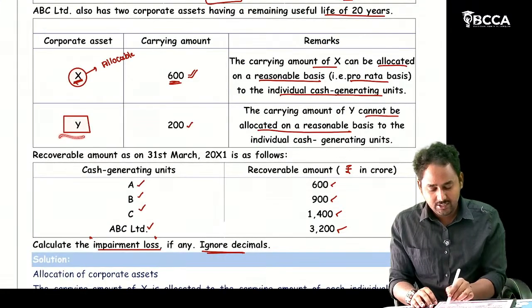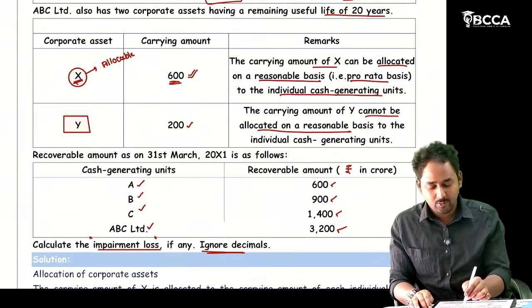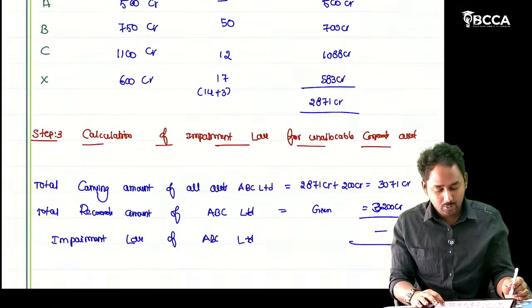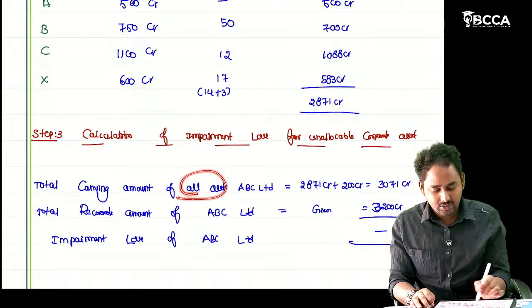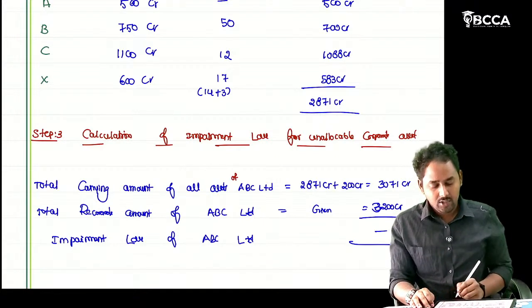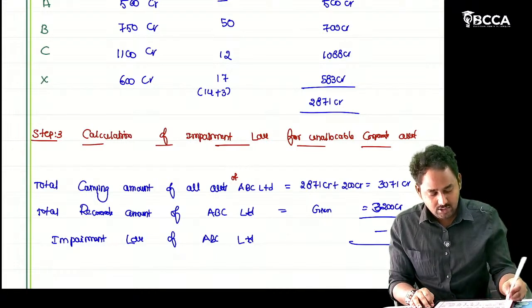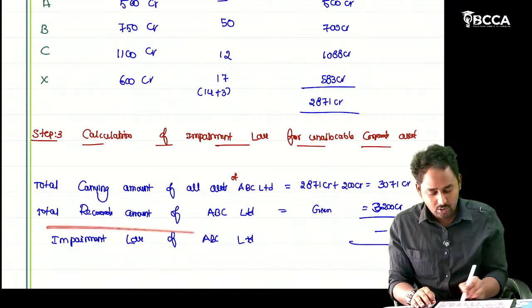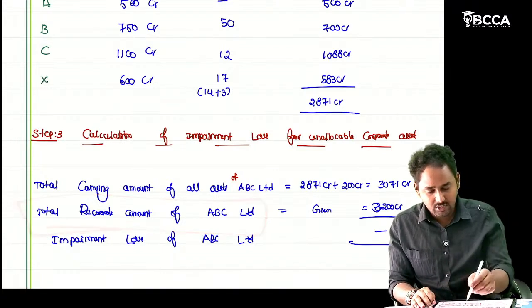The remaining asset is Y. What is the carrying amount of Y? 200. So I got the total carrying amount of all the assets of ABC Limited: 3071 crores.